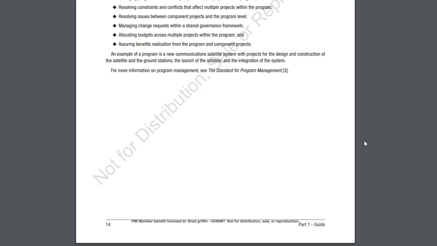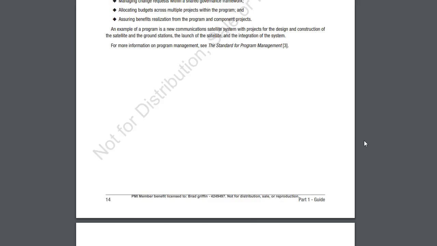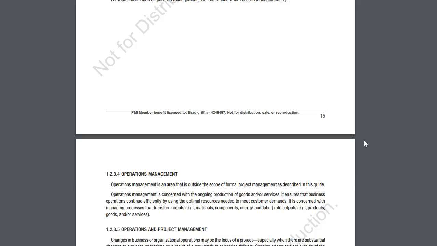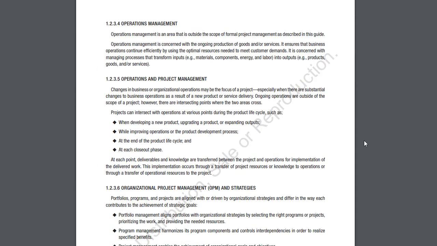So program management, we don't do a lot in here with program management. There really are some standards, and you can actually get a program management guide, but we're going to kind of bypass that in operations management because we really want to get to the idea of project management.